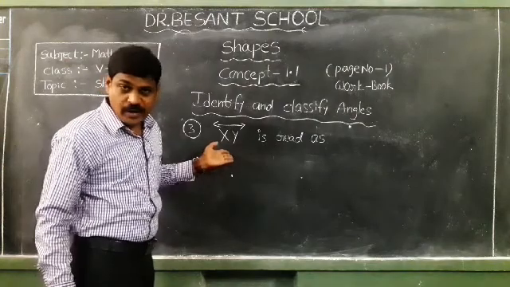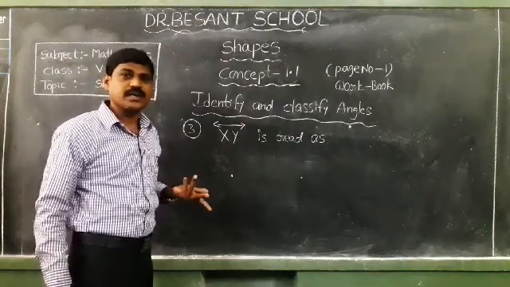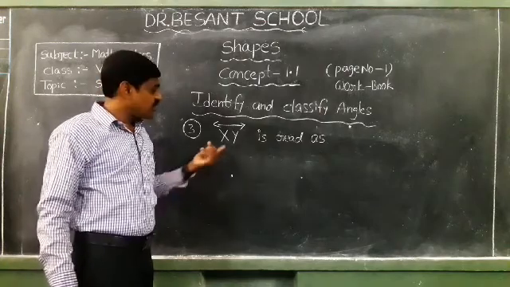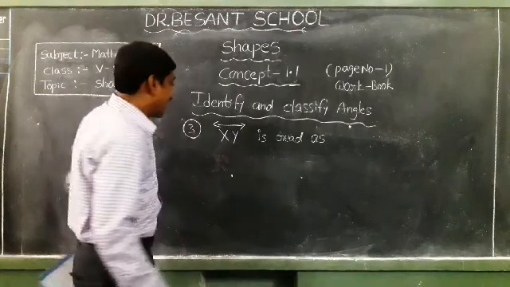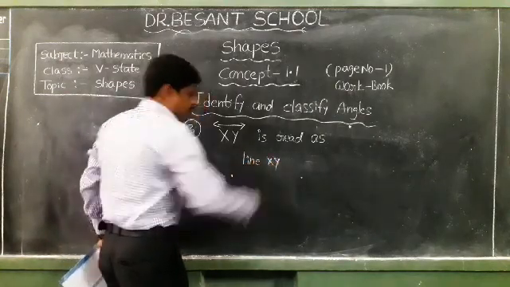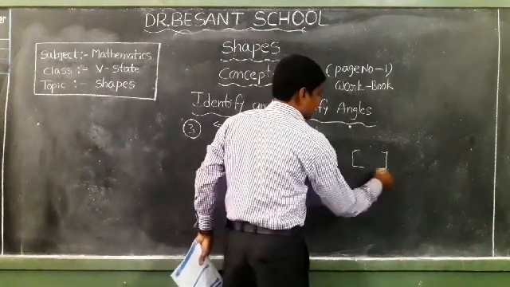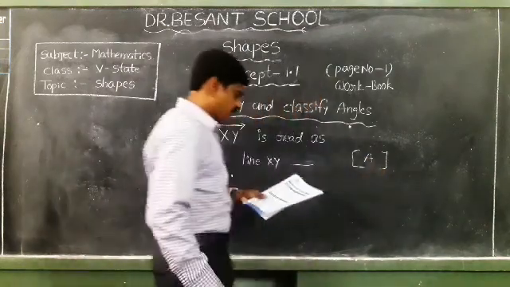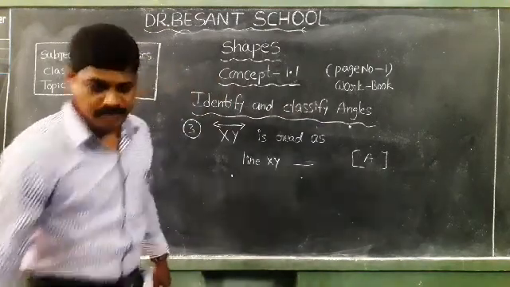No. Is this a point? No. So what is this? This is a line. Which line is it? Line XY. So the answer is line XY. Which option is correct? Option A is correct.